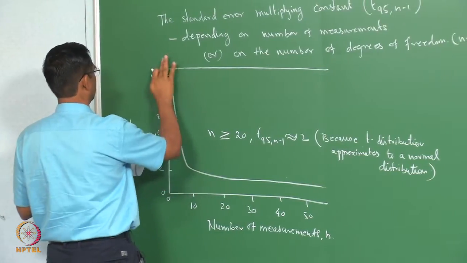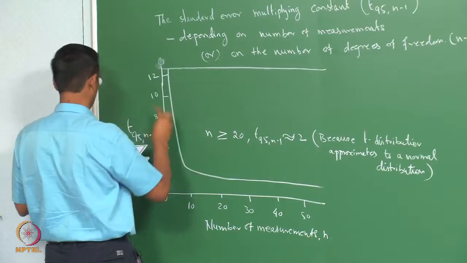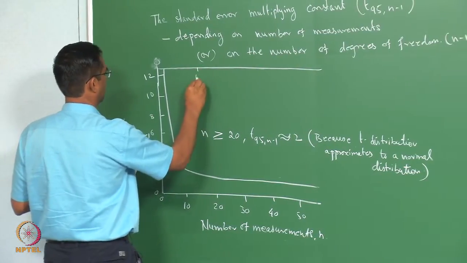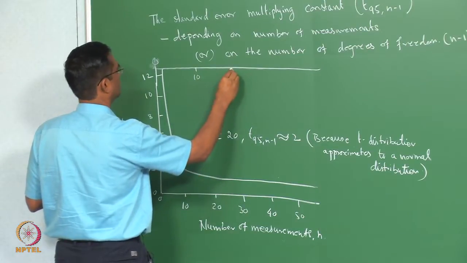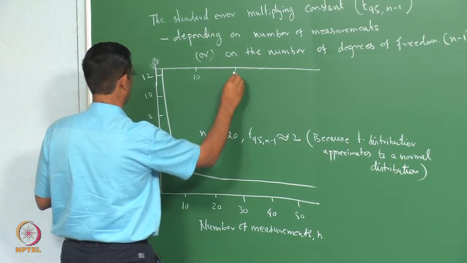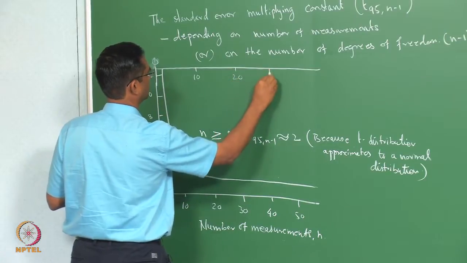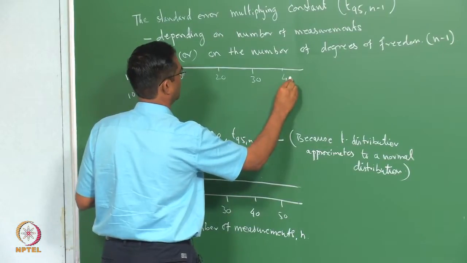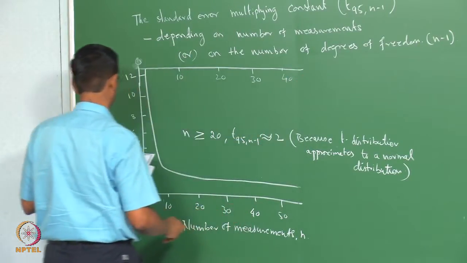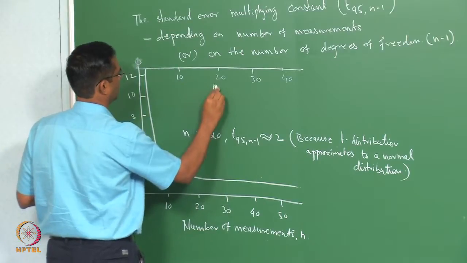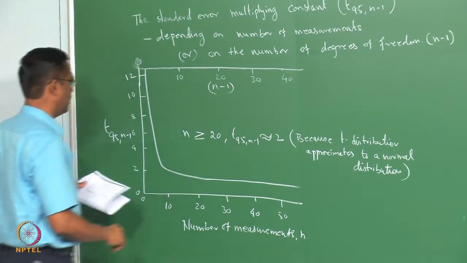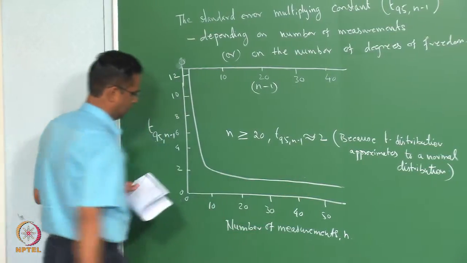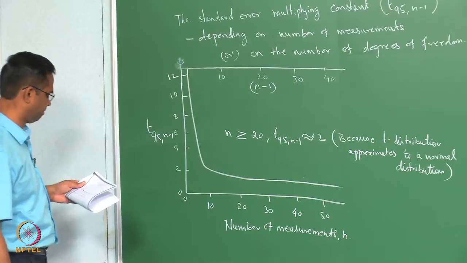Let us start from 0, 10, 20, 30, 40, etc. This is n minus 1, that is the degrees of freedom, that compares with the number of experiments.